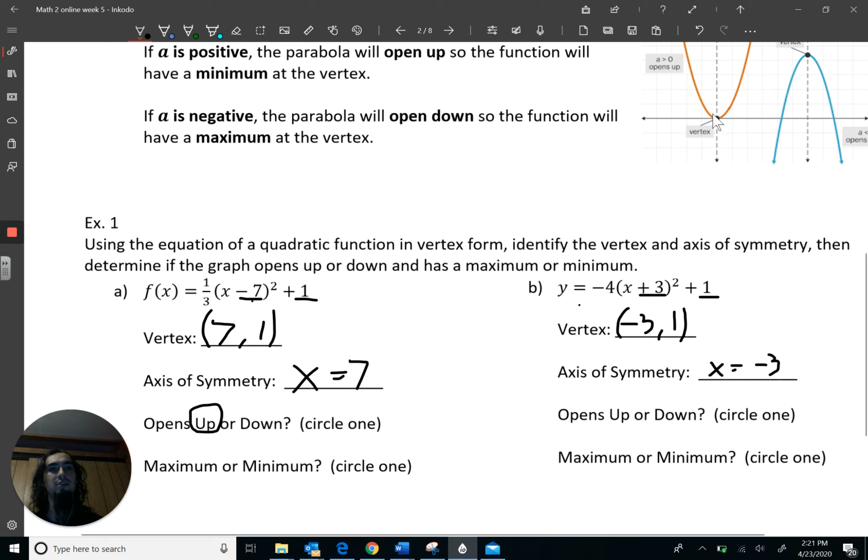Up like this, there's a low point. So that's my minimum. Good. And then I'll look at this one. I've got a -4, negative. Negative means it's going down like this one. So that's going to hit like a top point, right? So it's going to open down, and it's going to hit a maximum value up here at the top. Okay, great. So we answered all those questions. Hopefully that makes sense.